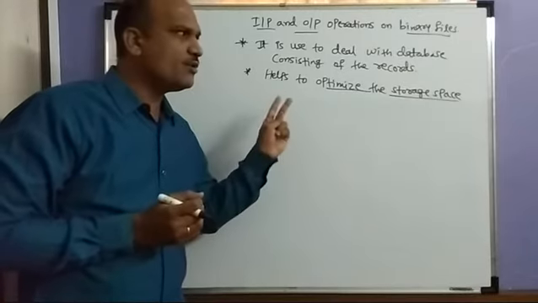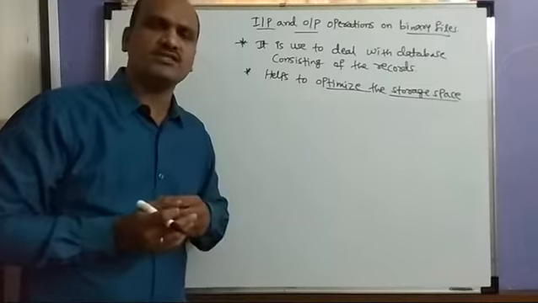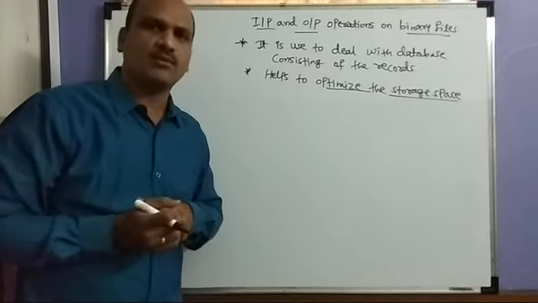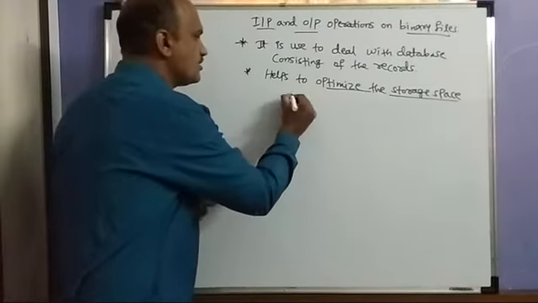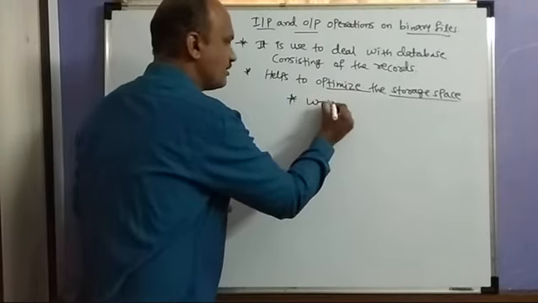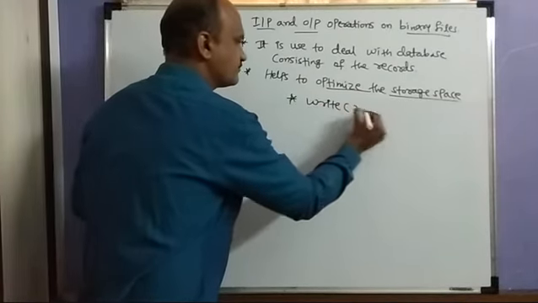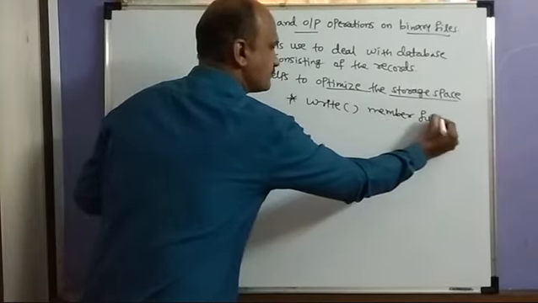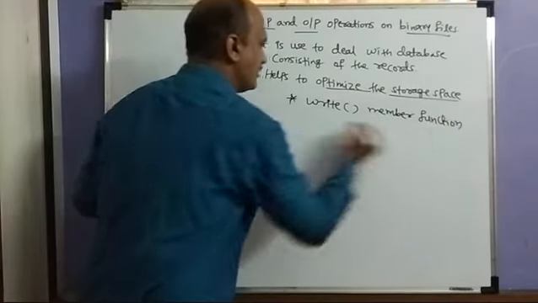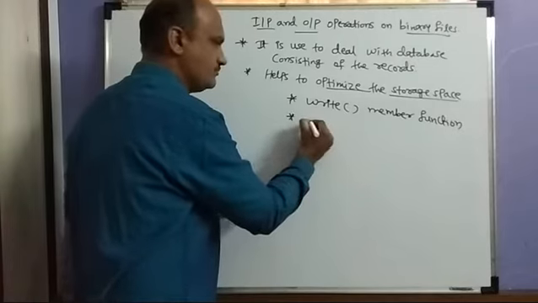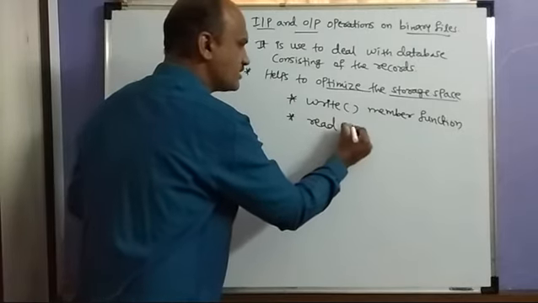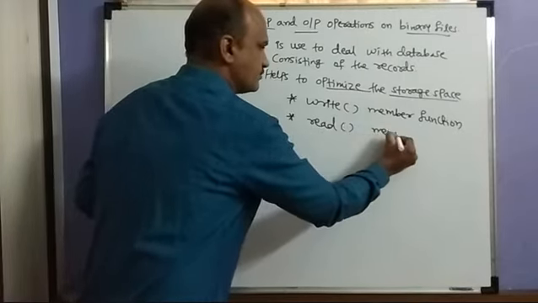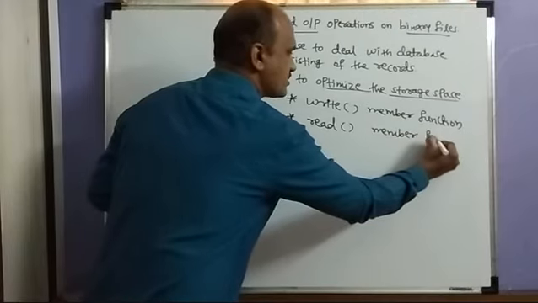When you go to the binary files, here also there are two member functions we are using. One is the write member function, and another one is the read member function.